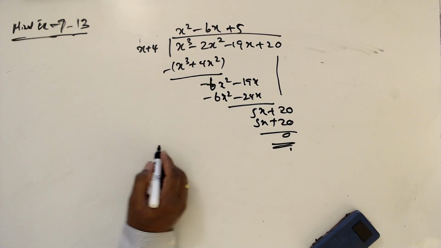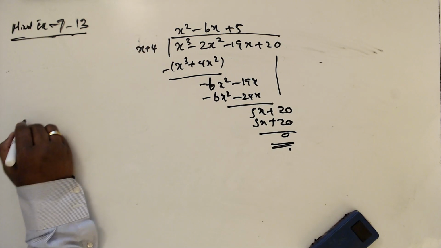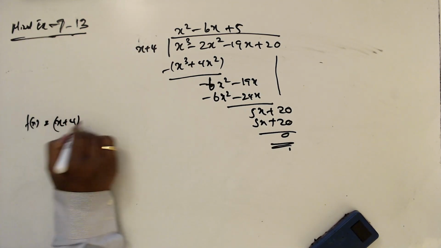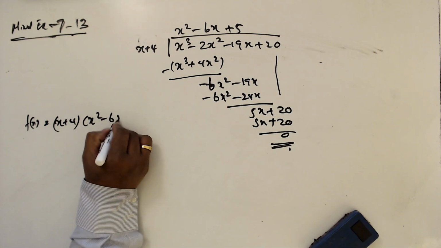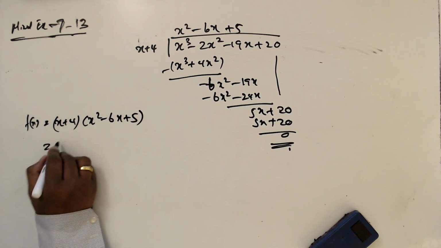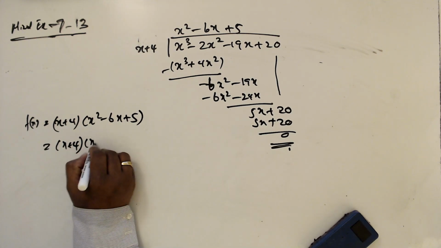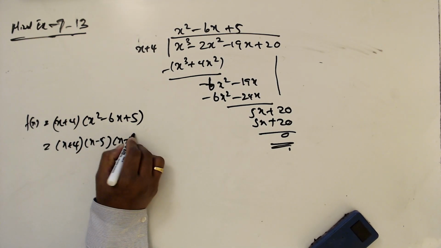So f(x) equals x plus 4 times x squared minus 6x plus 5. So x plus 4 times, you can break this into x minus 5, x minus 1.